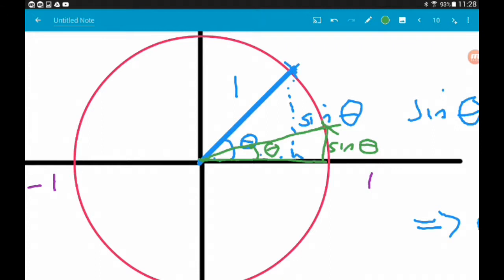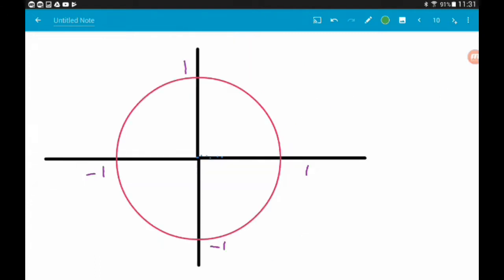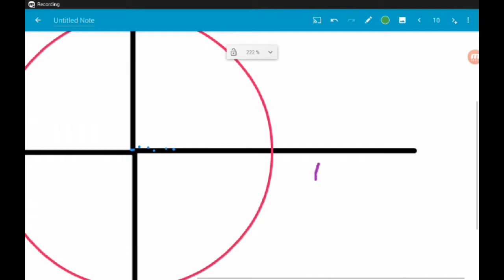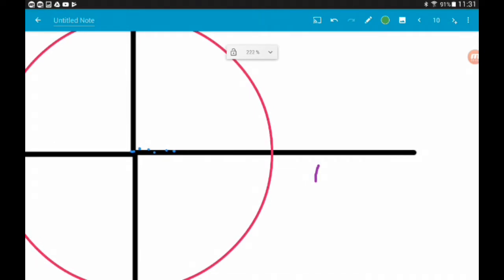So I'm going to clear this up now and show you some important values. Okay then, let's start with when theta is 0. So when theta is 0, that would give us this point here on the circumference of the circle. So there would be no angle between the radius of the circle and the x-axis. The x-axis is the radius of the circle.